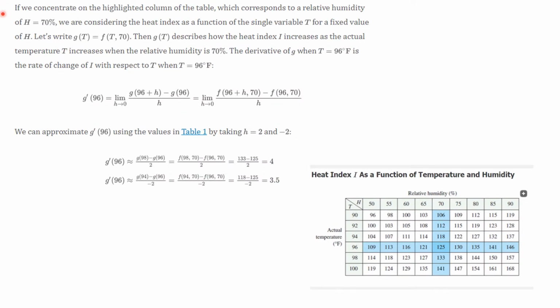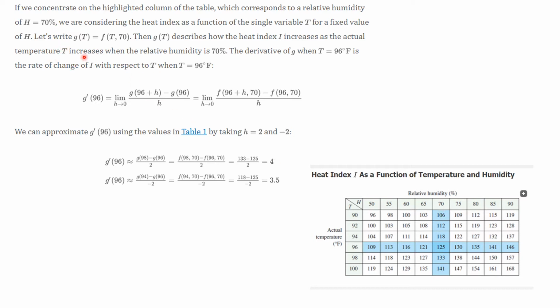If we concentrate on the highlighted column of the table, we're assuming that the relative humidity is 70, and we're looking at how the perceived temperature changes as the temperature goes from 90 to 100. So these are the changes for that fixed value.